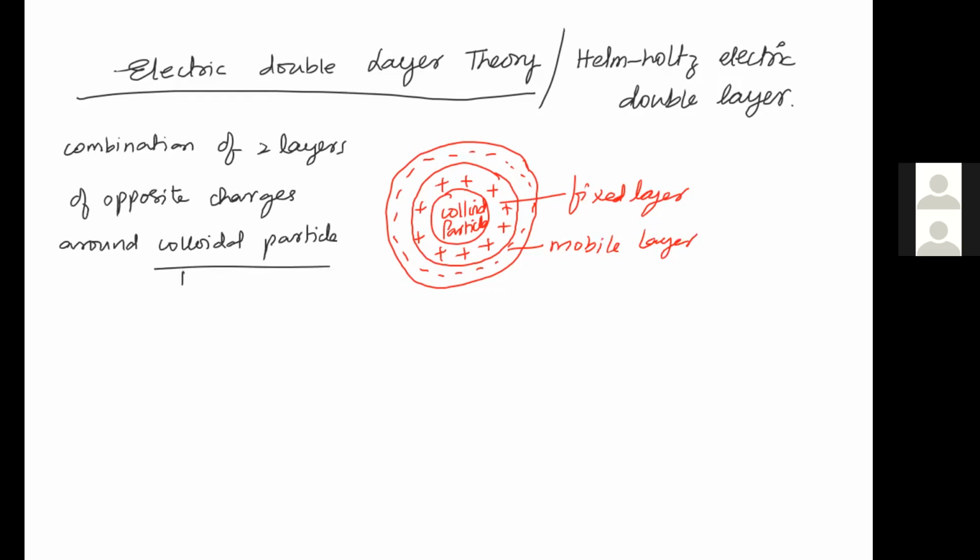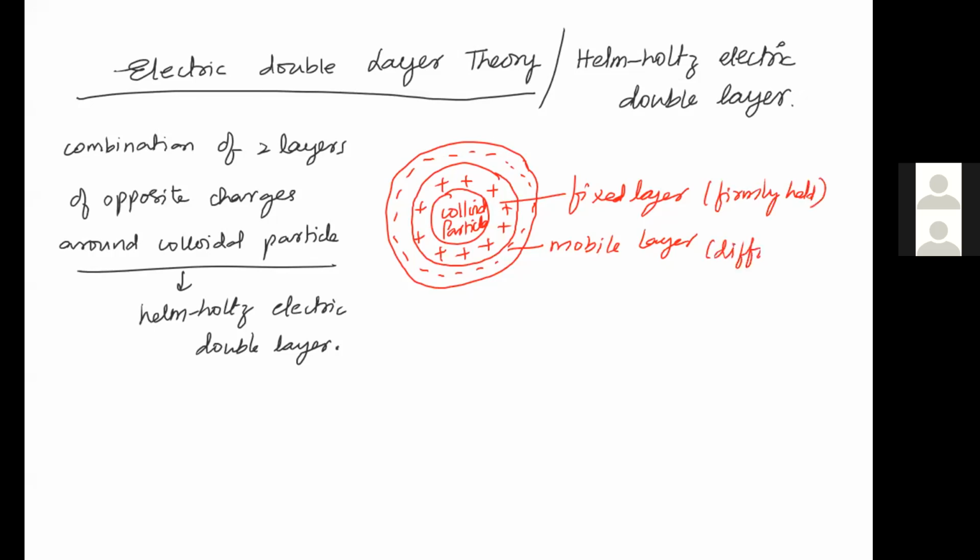This is called the Helmholtz electric double layer. The first layer is tight, firmly held. It's called the fixed layer. The second layer is mobile. This is also called the diffused layer.